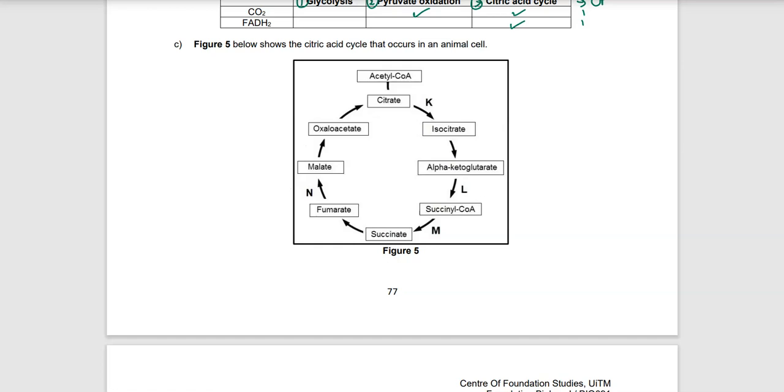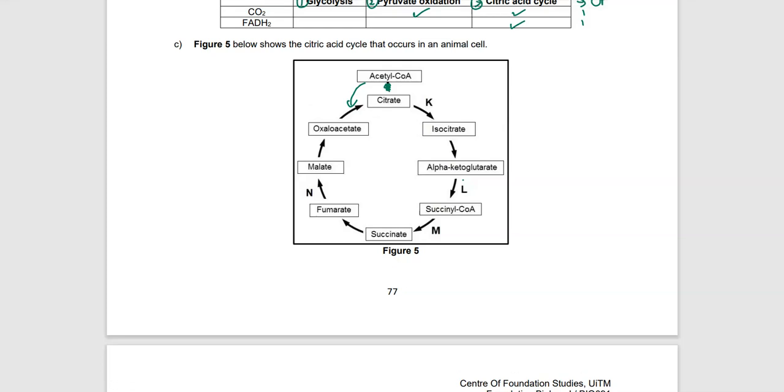Basically during the citric acid cycle, in this diagram, acetyl CoA will enter here, not here.